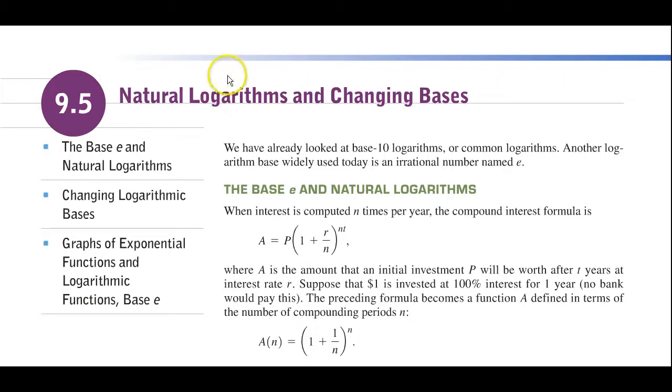Now we're going on to topic 5 of chapter 9, natural logarithms and changing bases. Well, one of the things I think is of interest at this stage is to look at something I saw on YouTube as I looked at other professors doing things.